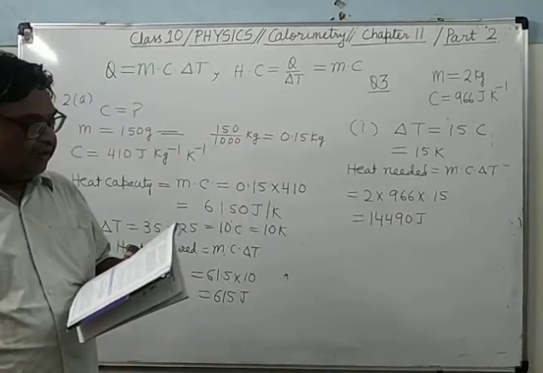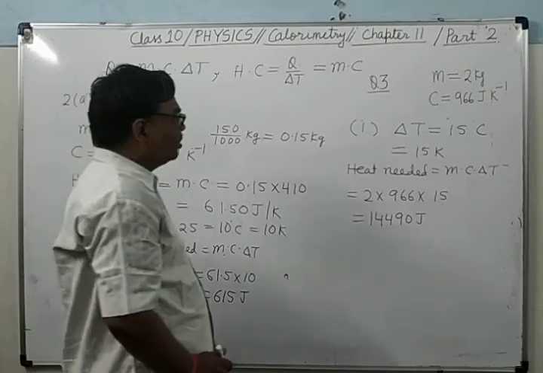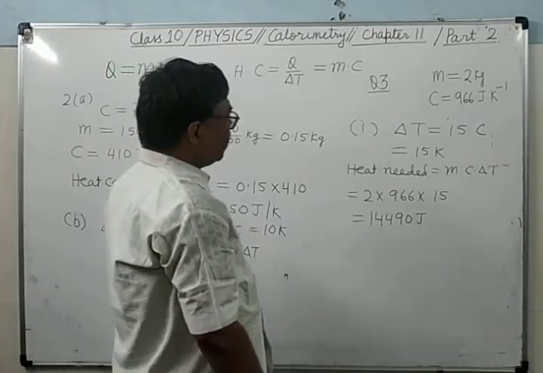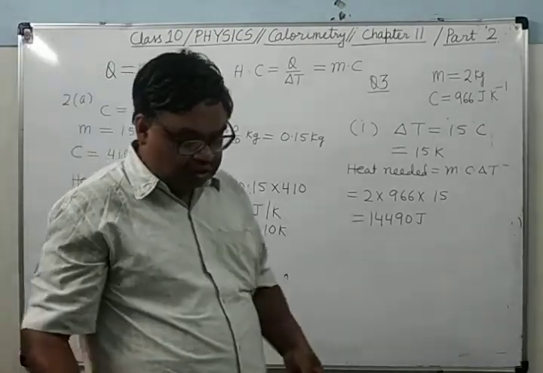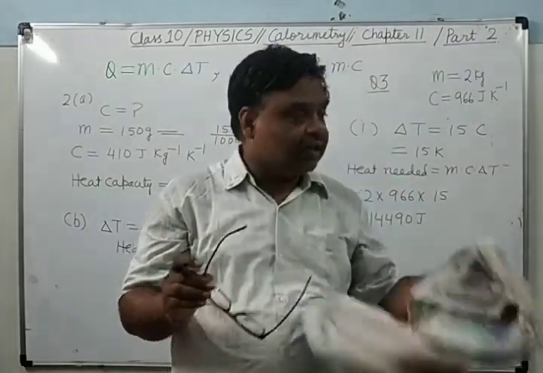Then you have to find SHC. It's clear? Here it is given, there is some error in this question. You can see here there is some error. Here heat capacity is given, not the SHC.